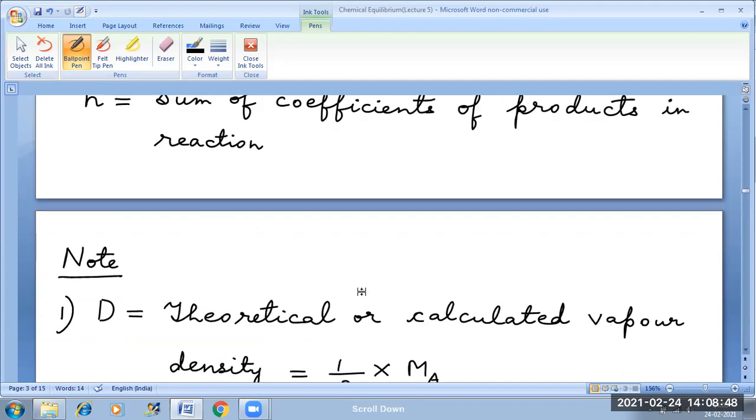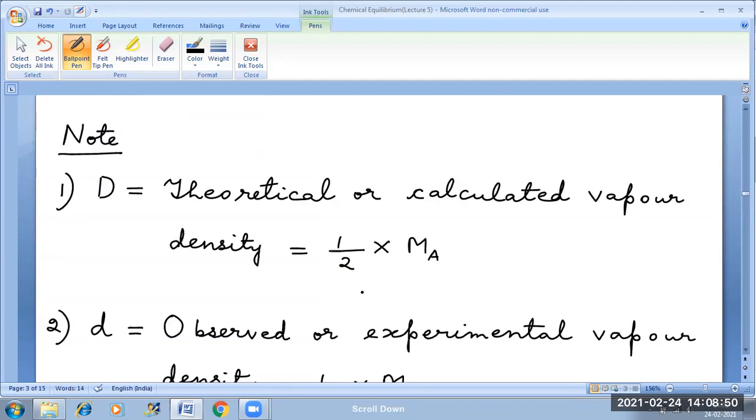Okay, now certain important terms. Theoretical vapor density is also called calculated vapor density, which is nothing but half of the molar mass of only the reactant. That is the initial vapor density.